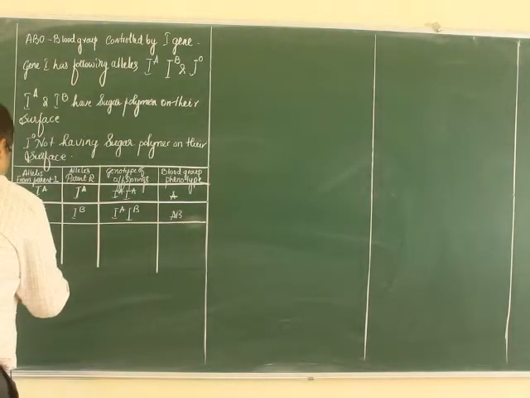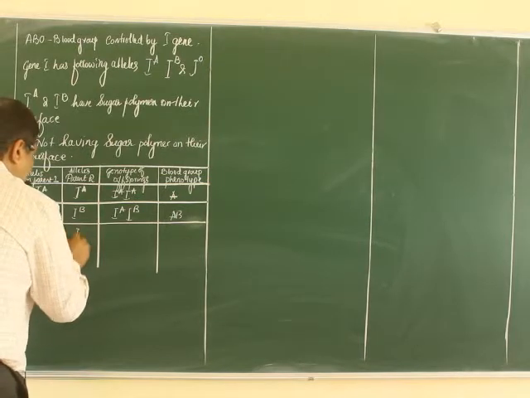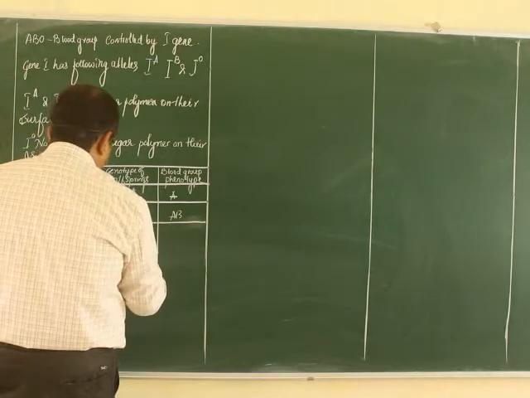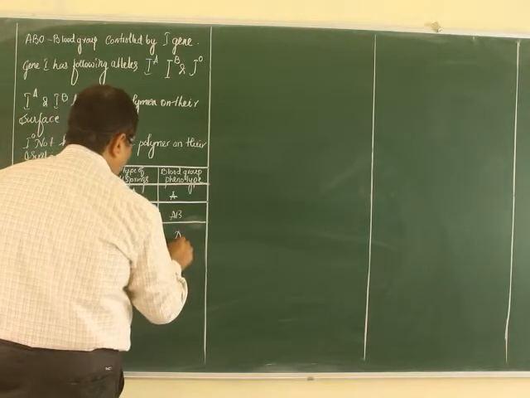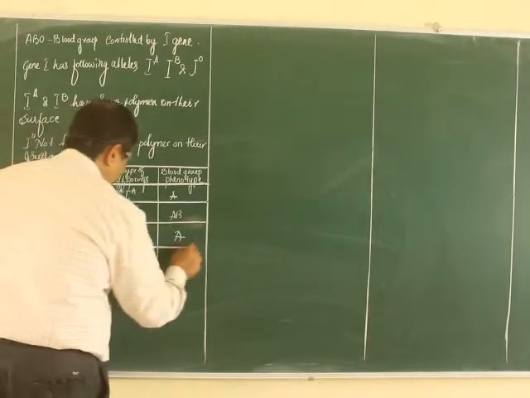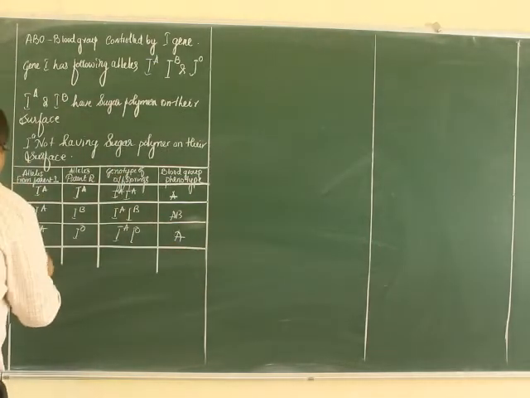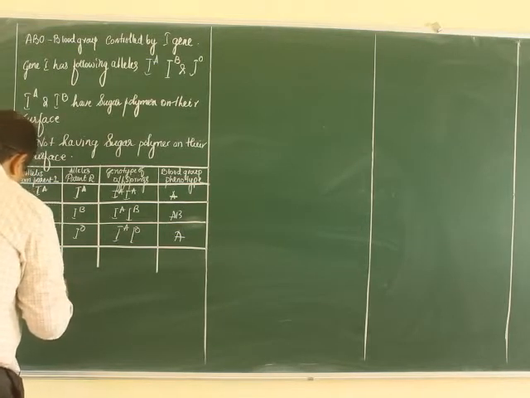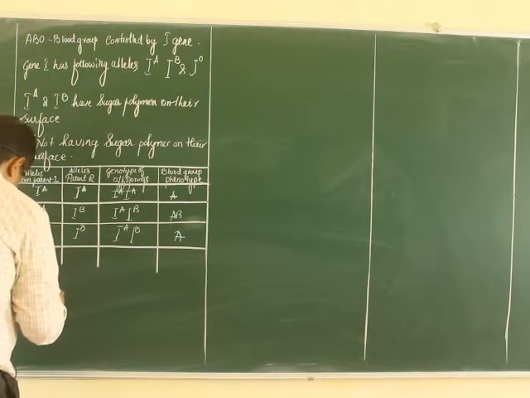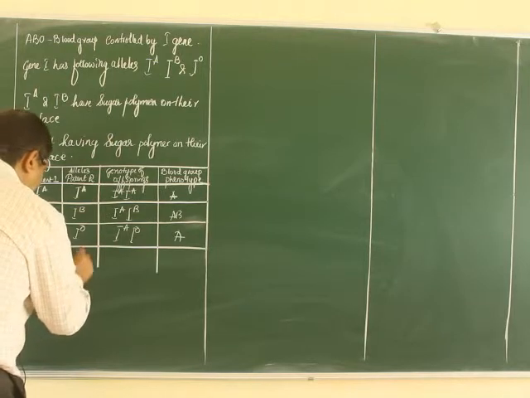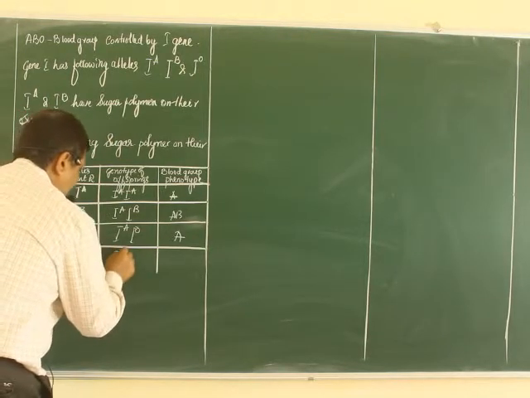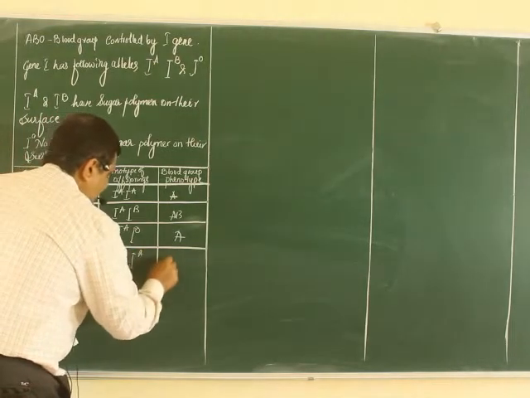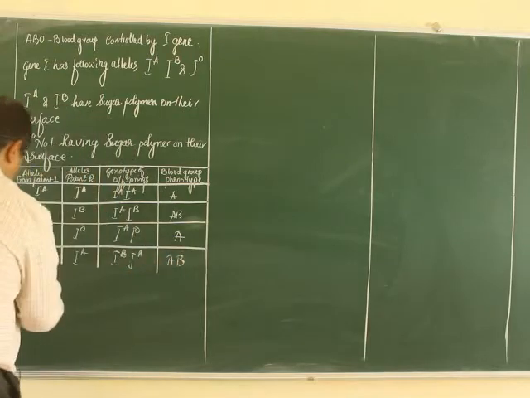If one parent is IA and the second parent is IO, the genotype will be IAIO, blood group is A. If one parent is IB and the second parent is IA, the genotype will be IBIA, blood group is AB.